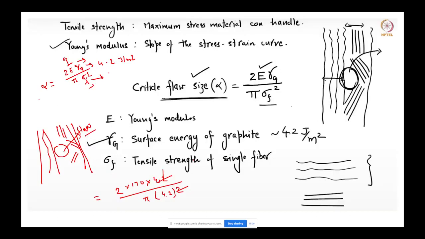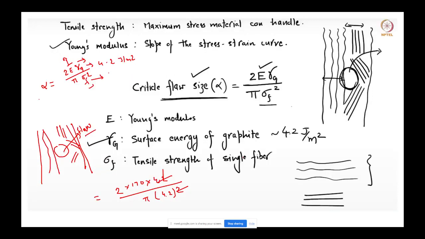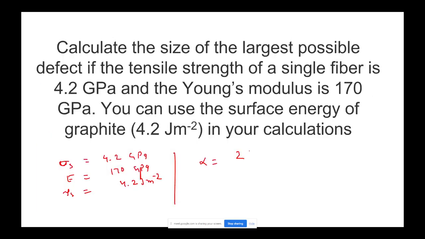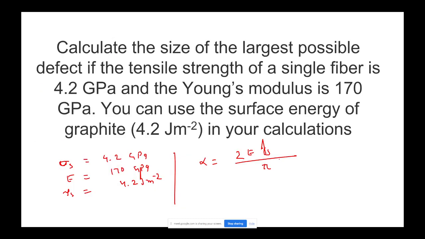The critical flaw size is given by alpha, and the formula is 2 into E into surface energy divided by pi into the square of your tensile strength.